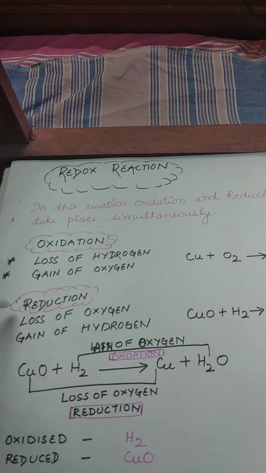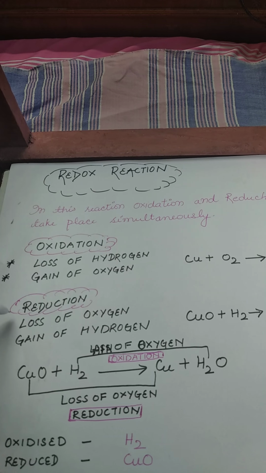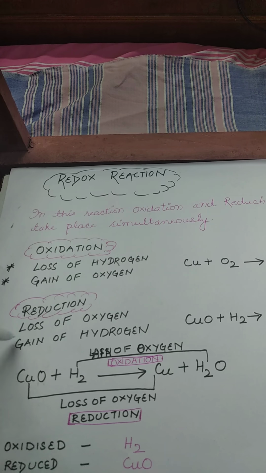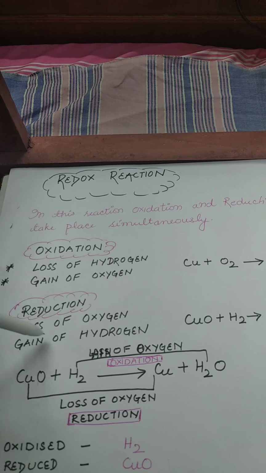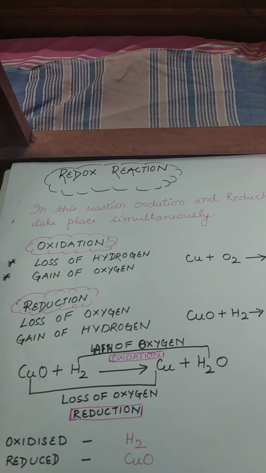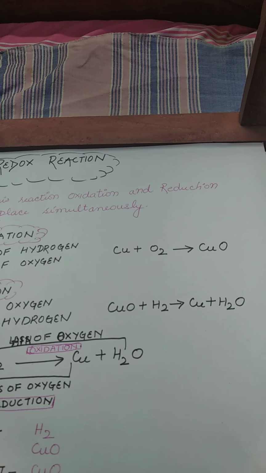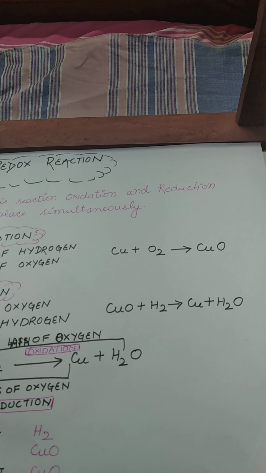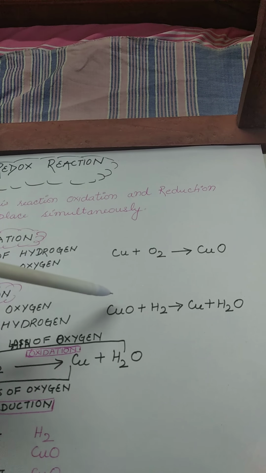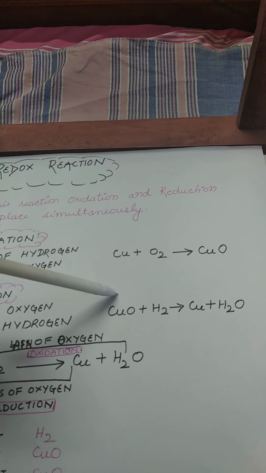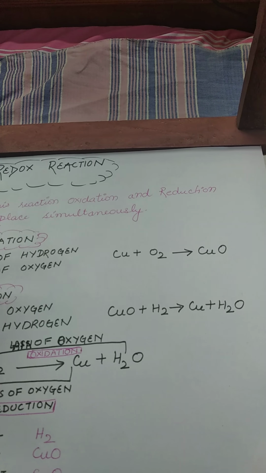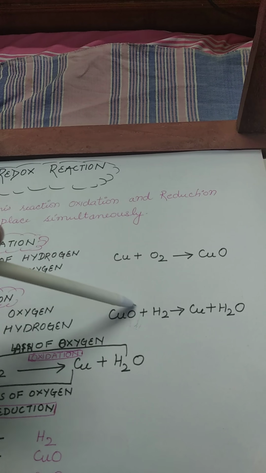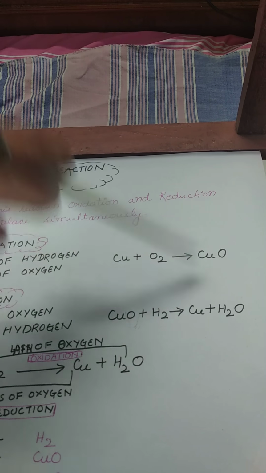Okay. Now second one is reduction. Now what is reduction? Those reactions in which there is either loss of oxygen or gain of hydrogen. For example, CuO plus H2 gives Cu plus H2O. Let us consider this reaction. Here you can see that CuO changes to Cu. That means initially there was oxygen, but now in product there is no oxygen.